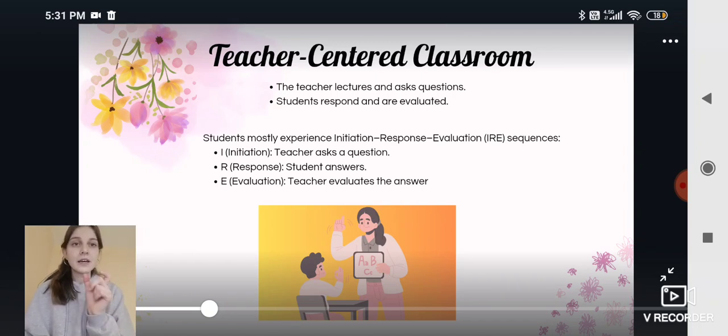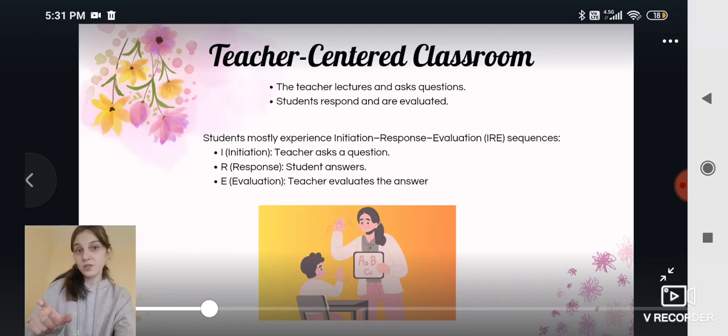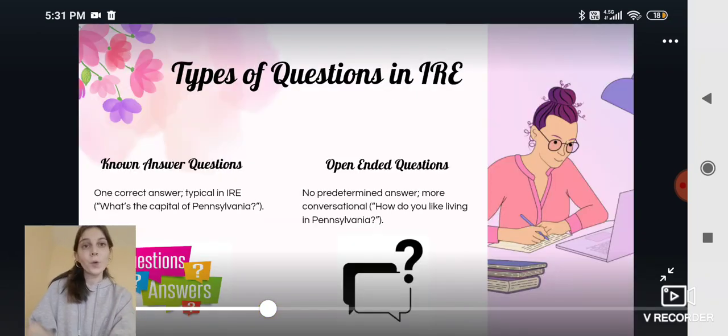Initiation means the teacher asks a question, response means the student answers, and evaluation means the teacher evaluates the answer after the response. So, like we said, this is a traditional way. Nowadays, with technology, teachers are more likely to teach in a student-centered way, but this is the old way.